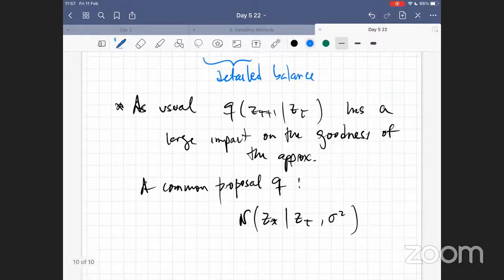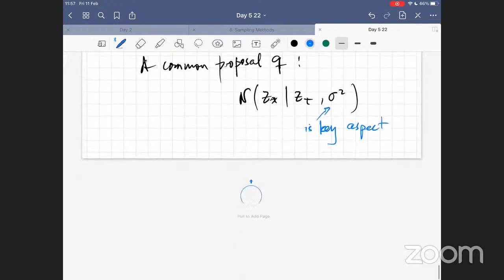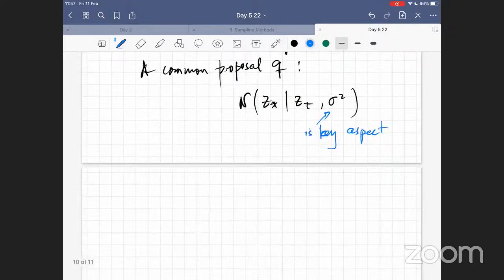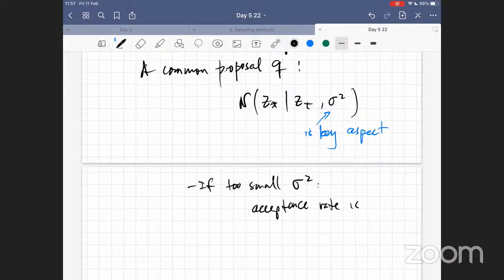And actually, the choice of the variance is a key aspect. So why is it a key aspect? Because if the variance is too small, then the acceptance rate is high, but convergence is really slow.